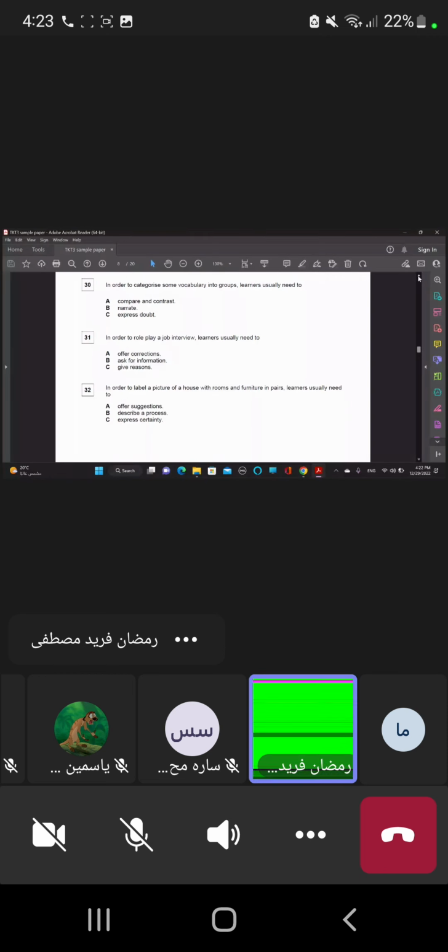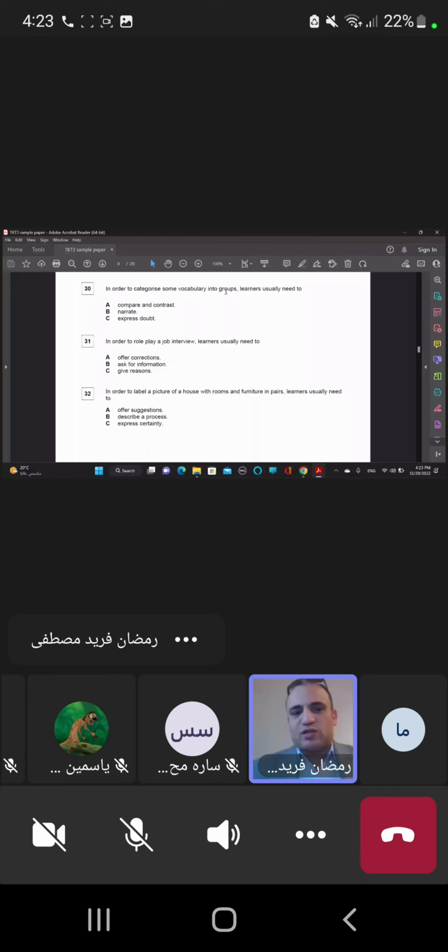In order to categorize some vocabulary into groups, learners usually need to... the incorrect answer is narrate. Why? When I say categorize vocabulary into groups, these words can be under abstract nouns, these words can be under concrete nouns, and these words can be verbs.